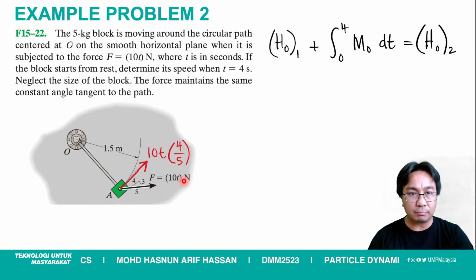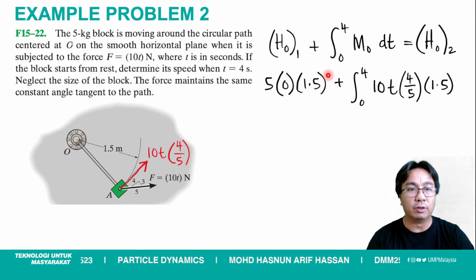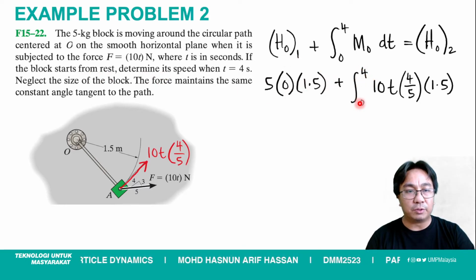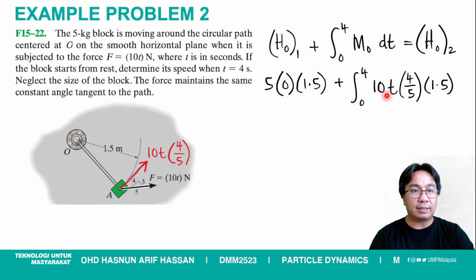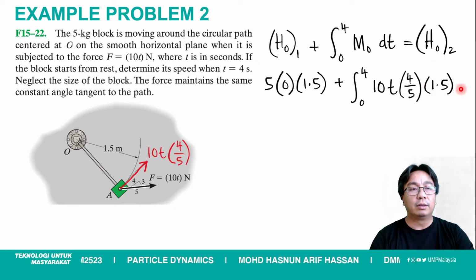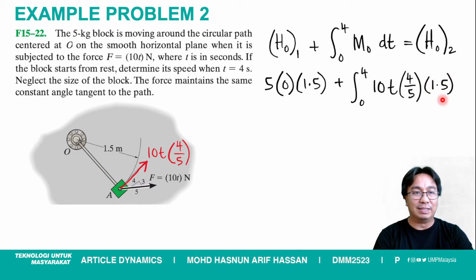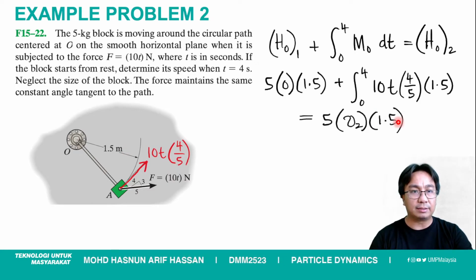So HO1 is 5 times 0. The velocity is 0 because it starts from rest, so the whole thing becomes 0. This is the integration from 0 to 4 because t is 4 seconds: 10t times 4 over 5, and to convert the force into moment, we multiply it by d, that is 1.5. And this is equal to 5 v2 times 1.5.